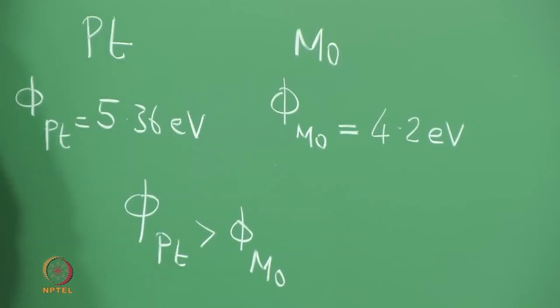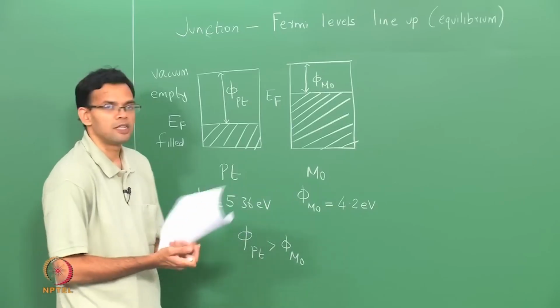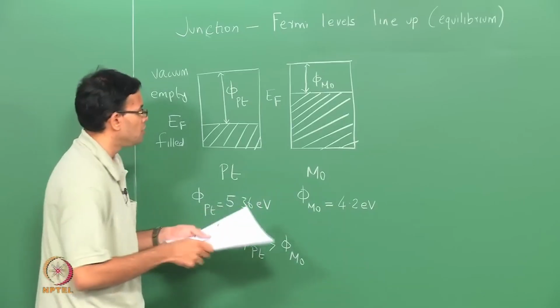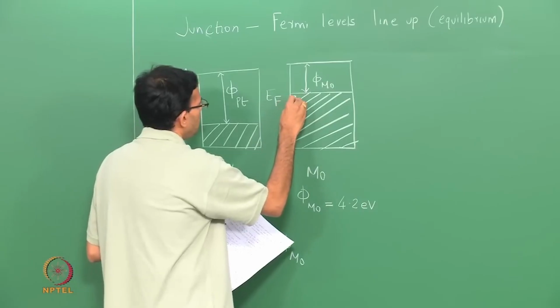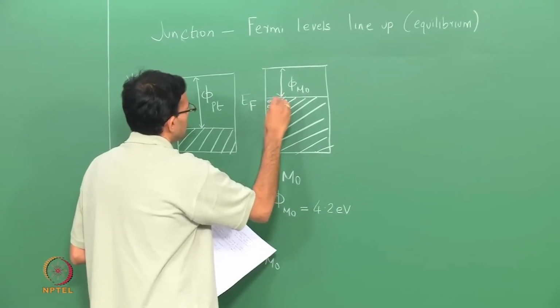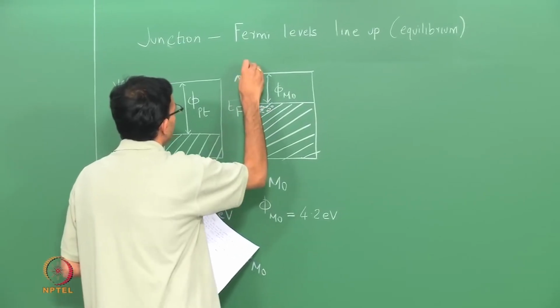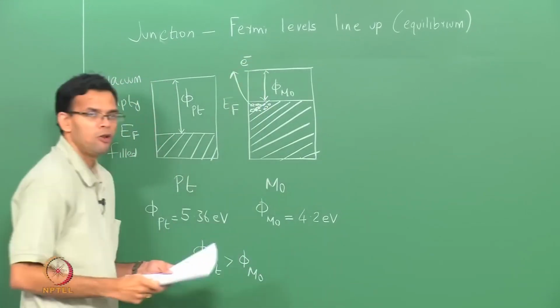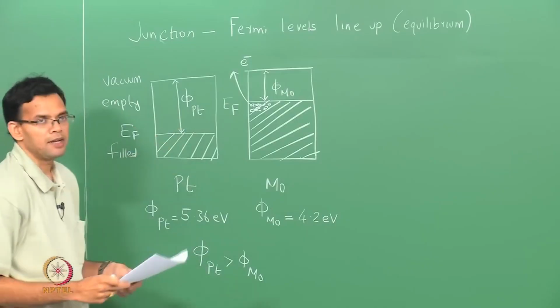We are going to form a metal-metal junction by putting platinum and molybdenum together. We will worry later how these junctions are actually formed. Right now we will just say that we form the junction. So, if you think about it, molybdenum has a whole bunch of electrons close to the Fermi level, and there are a whole bunch of empty states in platinum.